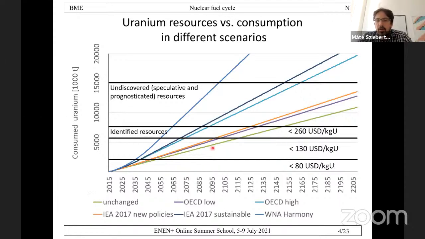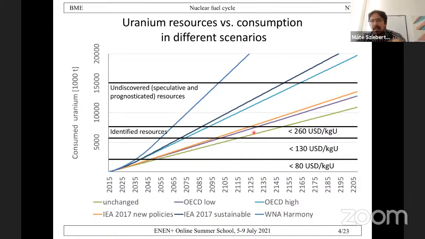The green line here shows what happens if the consumption remains the same, and this is what we usually tell, that we have uranium for 120, 130 years to operate the reactors for sure at the same level that we have right now.